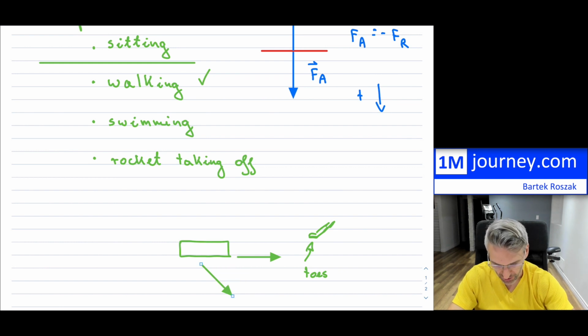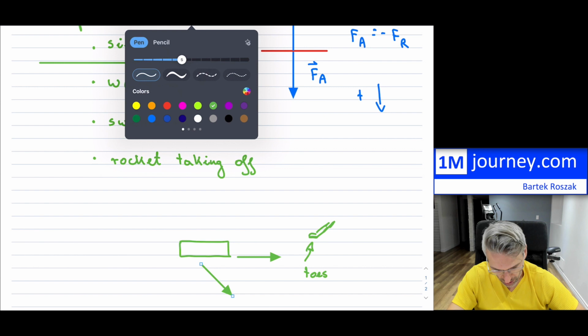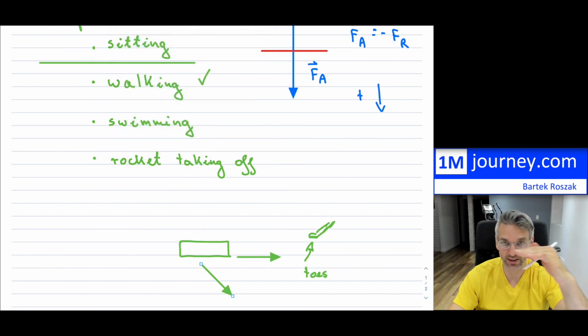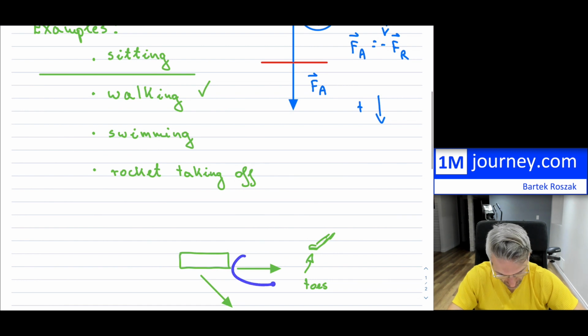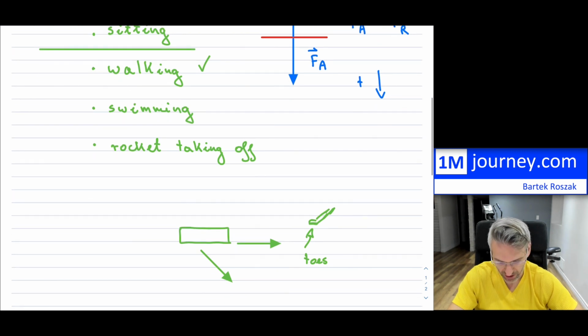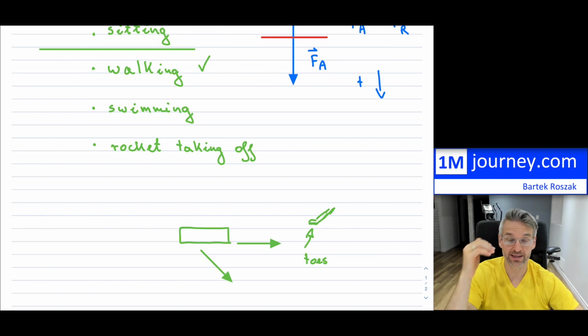So this particular force, the component which is in the horizontal direction, this particular component of that push against the ground, is what allows us to move ourselves forward. So yes, there's friction, which is static friction. It's going to keep us stationary, right? We're not going to be sliding on that ground.